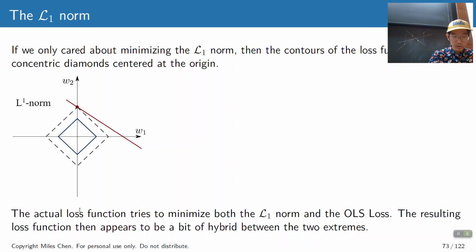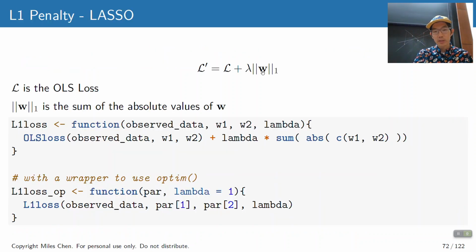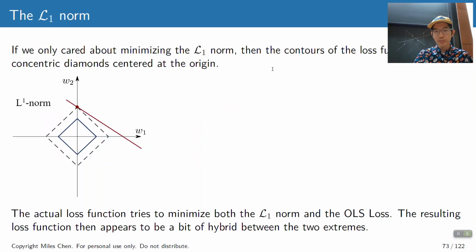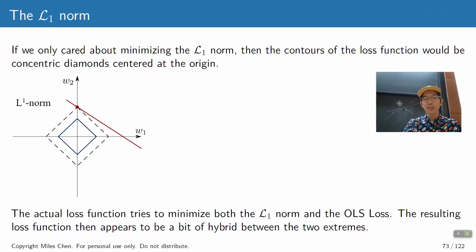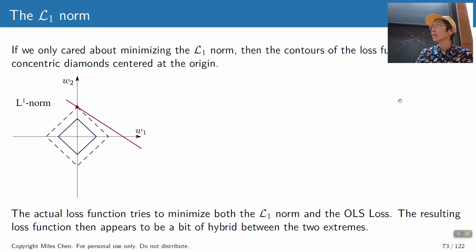So one thing to note is if we only cared about minimizing this L1 norm here, then the contours of the loss function would basically be concentric diamonds centered at the origin, right? Because you think about what the L1 norm looks like.